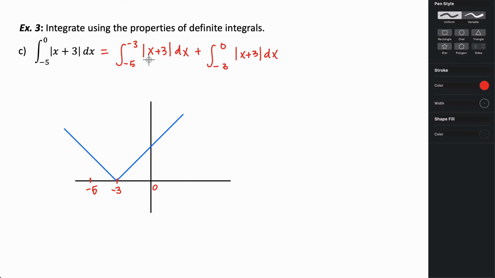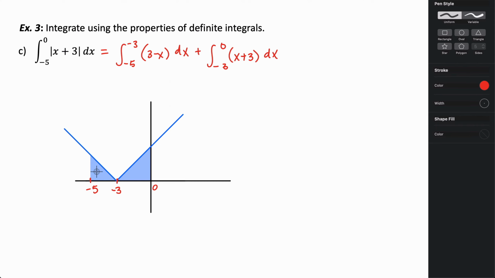And we could probably rewrite these because we can redefine the absolute value as a piecewise function. We know for values of x less than negative 3, it's going to be the opposite value, so it's going to be 3 minus x here. So we could rewrite it like that, 3 minus x, or negative x plus 3. And then for values of x to the right of negative 3, it's going to just be this x plus 3 here. So it would be like that.